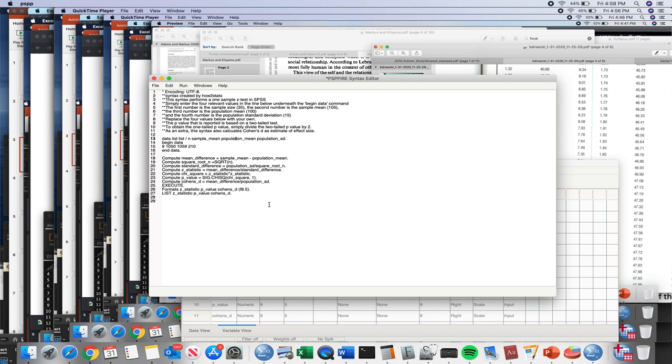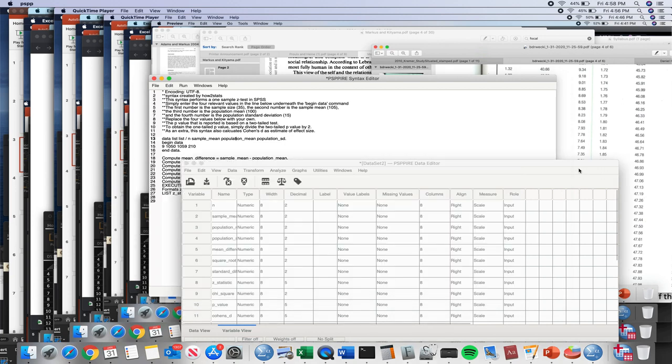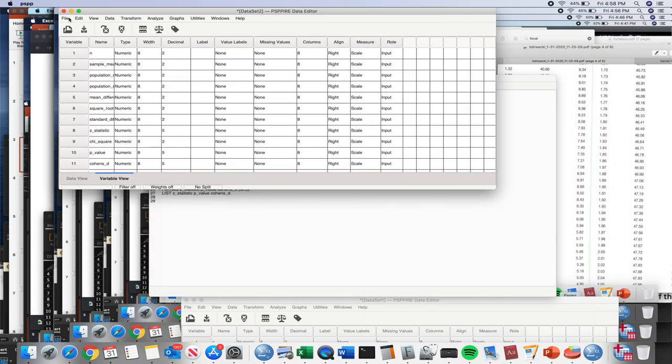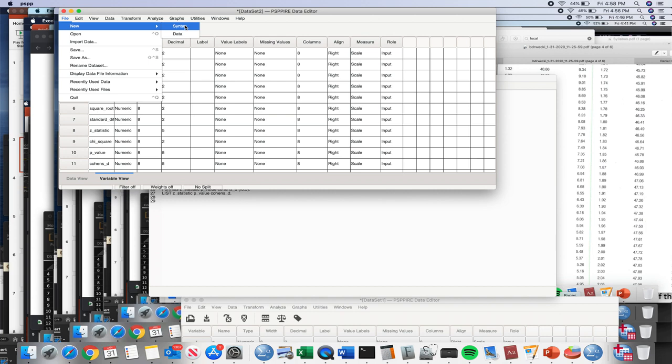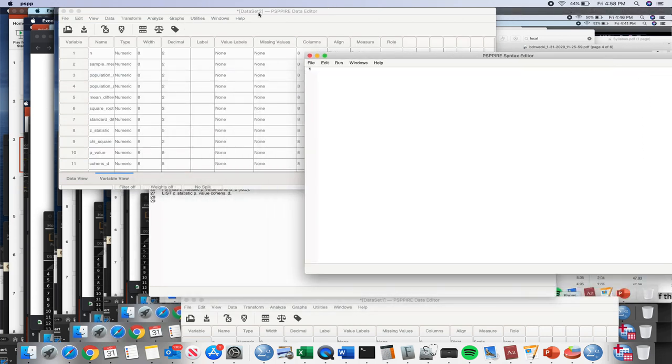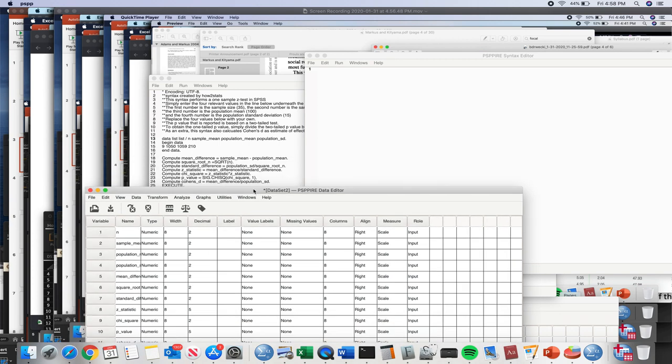So in some ways, this is a more technical version of using SPSS than you're probably used to. One of the great things about SPSS is that it has this syntax mode where you can literally type in SPSS commands like a computer and it'll run them.